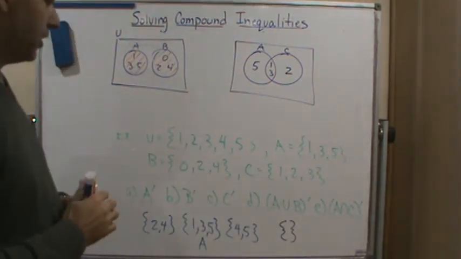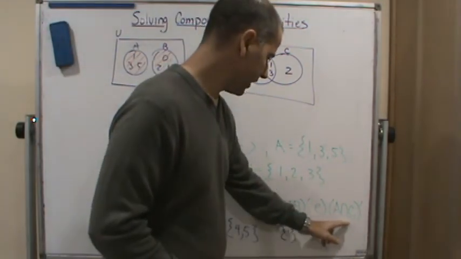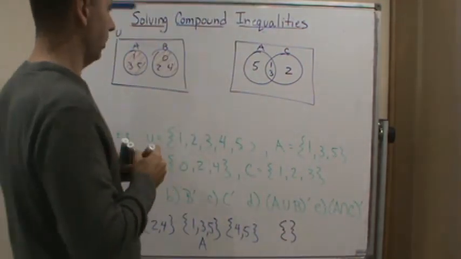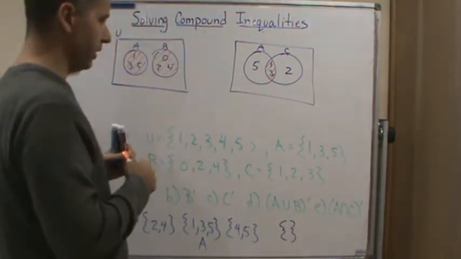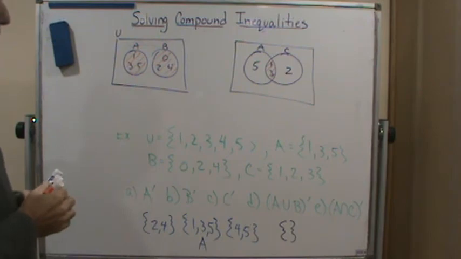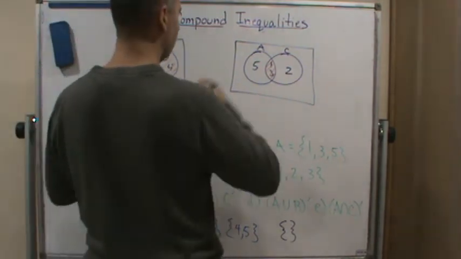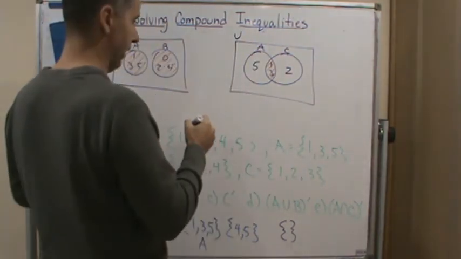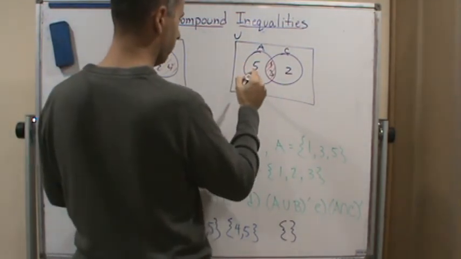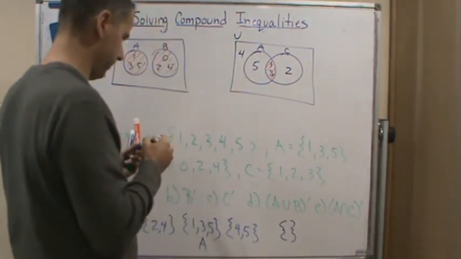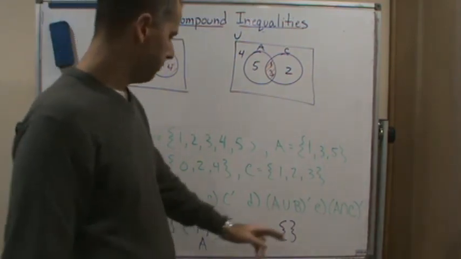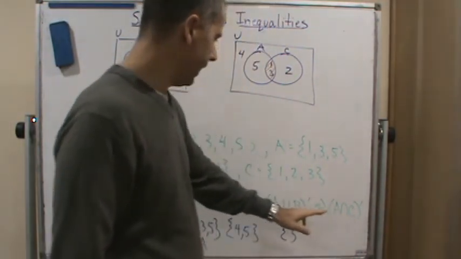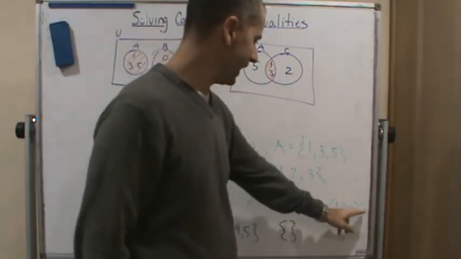So what is the intersection of A and C? Well, that's going to be this. And 4 is out here, because we have the universal set. The intersection of A and C is 1 and 3, but we want the complement of that.